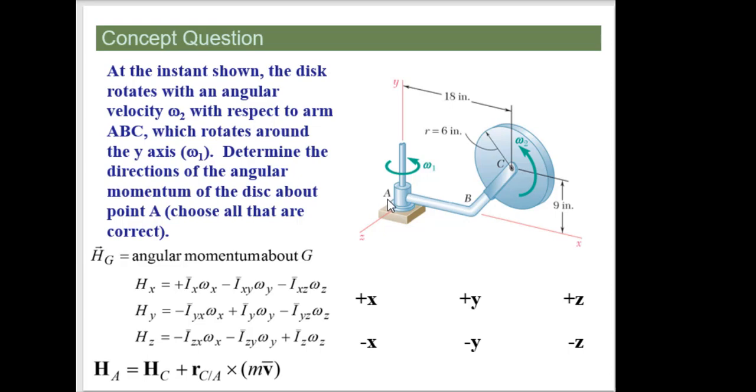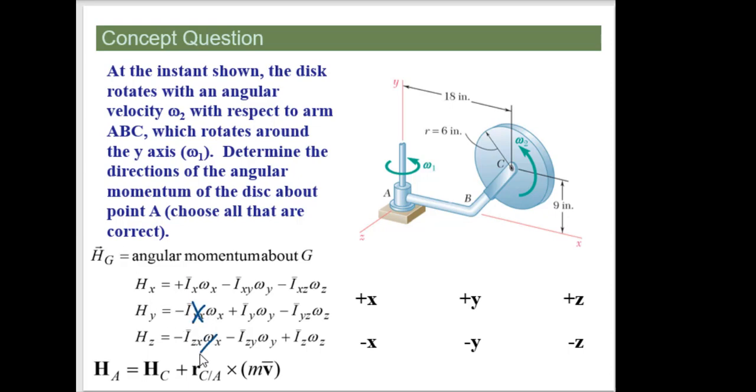A couple different things we're going to do. Let's start by figuring out what the angular momentum is around the center of gravity. So H around C happens to be the center of gravity here. So HC or HG, and that's going to be this whole thing. If we're looking at the disk, this is symmetrical. And what that is going to do for us is we can get rid of all of these products of inertia.